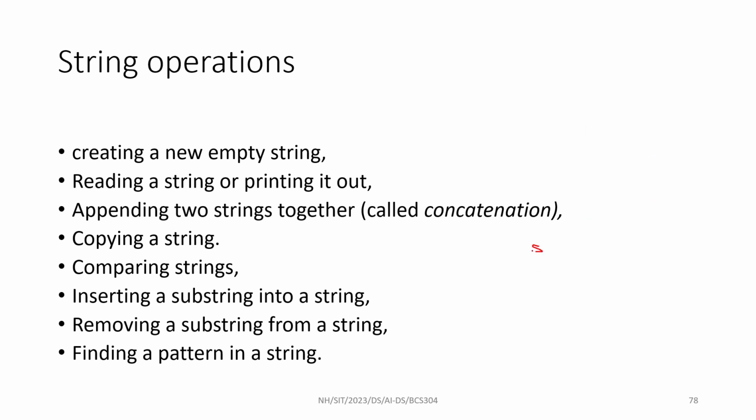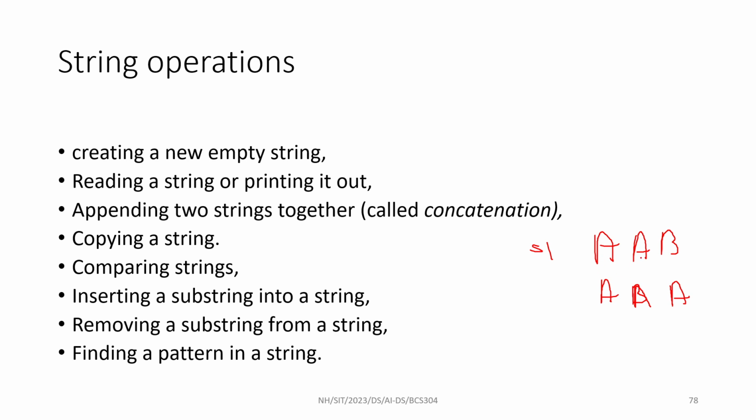Suppose the first string is A, A, B, and the second string is A, A. So when I compare AAB and AA, what will be the answer? A are matched.